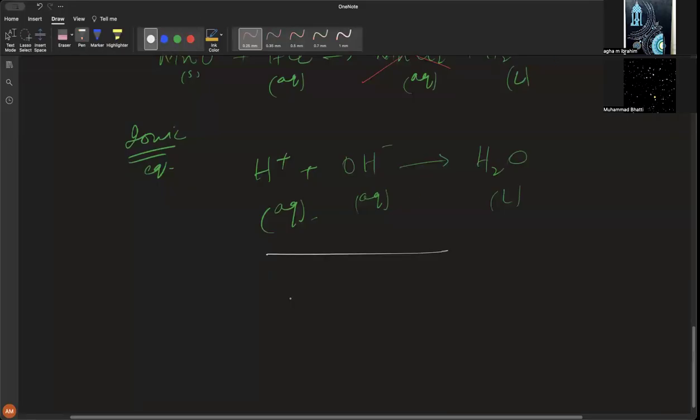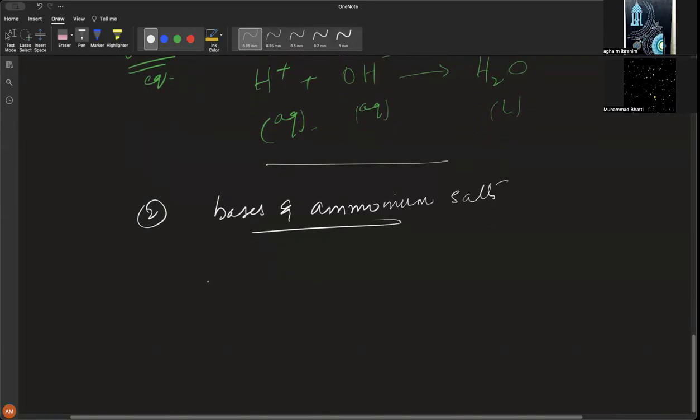Moving on to the next reaction. Second reaction is the reaction of bases and ammonium salts.